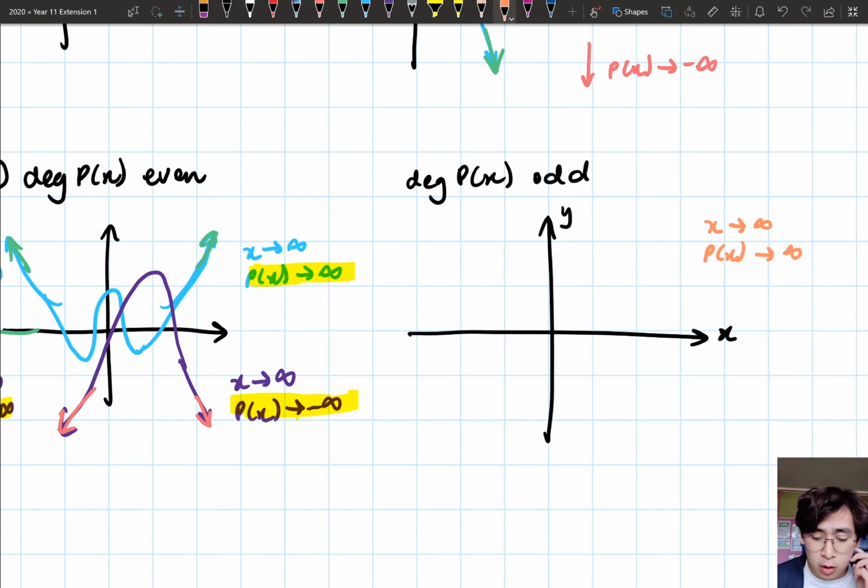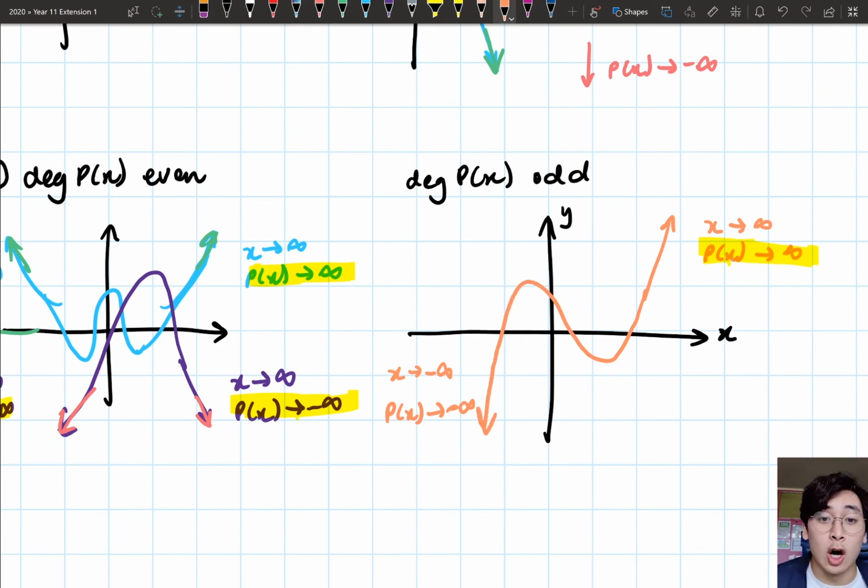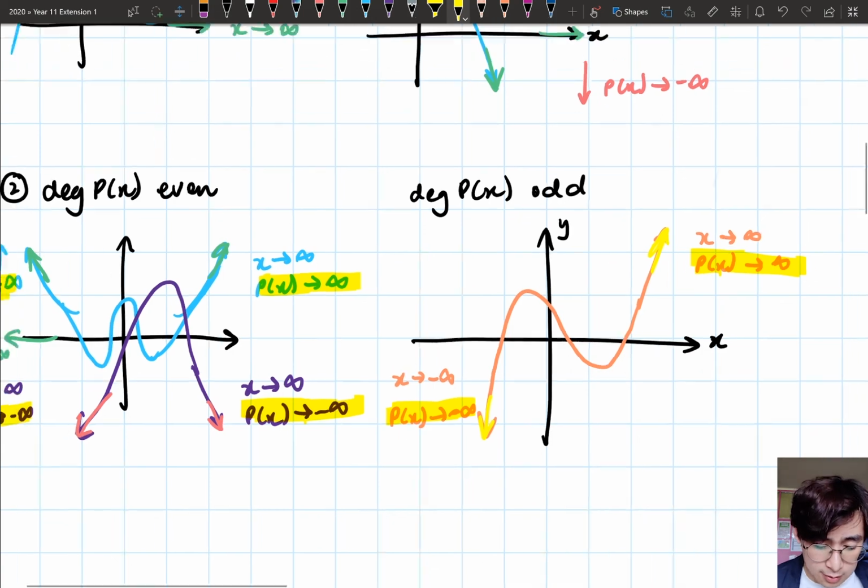Well, for that polynomial, if it's odd degree, then for the other side, when x goes to negative infinity, instead of p of x going to infinity like we have over here, p of x will actually go to negative infinity. So for example, let me draw this orange one. If it goes towards infinity on this side, and it's odd, they're going to go in opposite directions. So if its degree is odd, it goes in opposite directions. If the degree is even, it goes in the same direction. Okay, so that's what this bit is talking about.